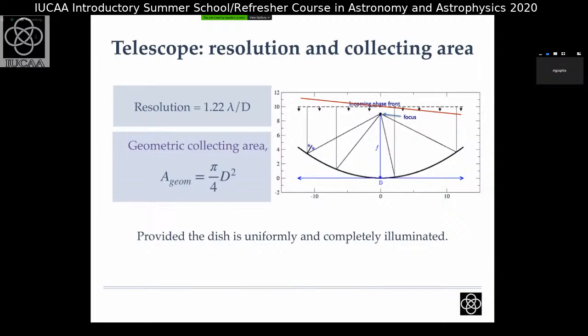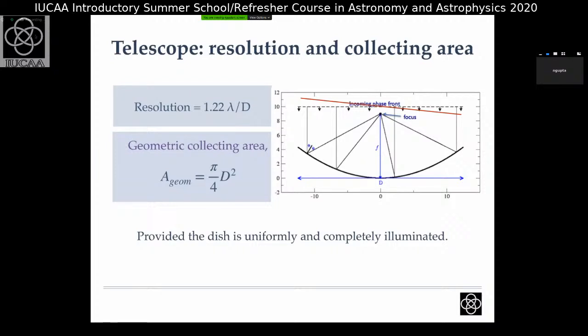So resolution is 1.22 lambda by D, as we have seen. And for collecting area, I can very simply say that I'm going to collect the geometric area, which for this aperture will be pi by 4 D squared. Simple. But both these things are true only if the dish is uniformly illuminated. What do we mean by complete illumination in this case?